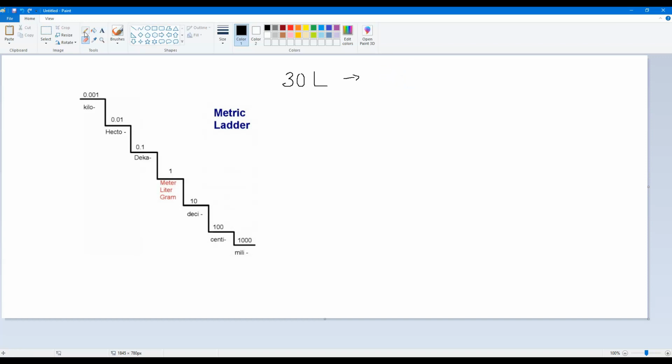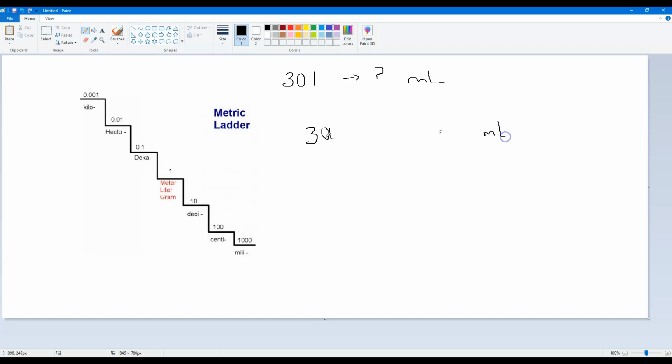That's usually what we're talking about. I apologize, I'm using my mouse instead of my tablet here, so I'm going to be a little bit messy. So I'm converting from 30 liters to milliliters, and you want to know how many milliliters that is. When we do dimensional analysis, that's where we set up what we're given, 30 liters, and we want to know what that's converted to in milliliters.